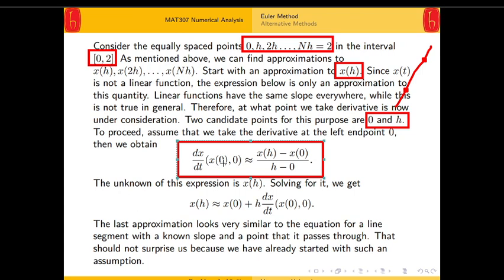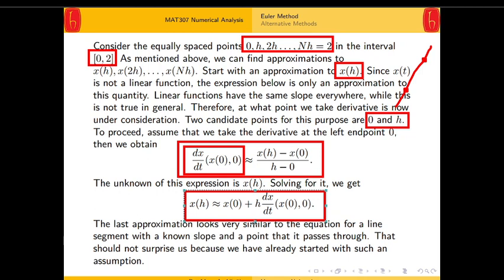So this will give us the slope, and we will use the formula for the equation of linear functions to get the x(h) value. In this expression, this is known because we are given this function, and also x(0) is known. h is something that we have predetermined, so this is also known. So x(h) can be found immediately. Just solving for x(h), we get this expression. Okay, so these are all knowns.